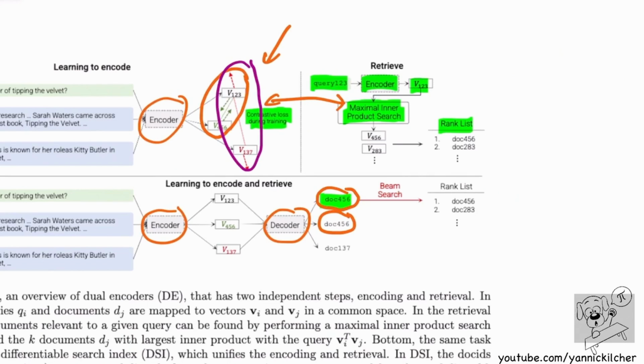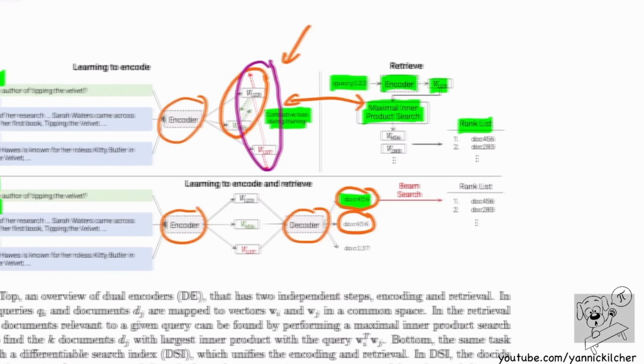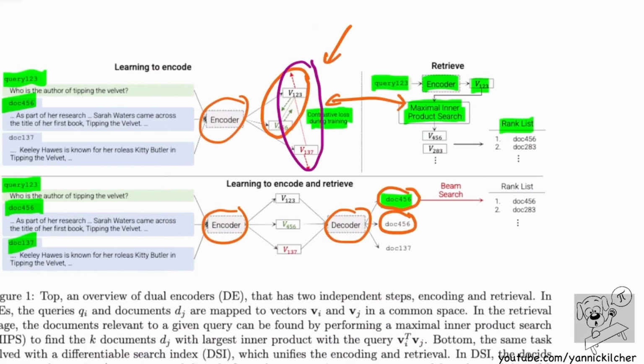If you have supervised data, you can train the system already for given queries to output the correct document. However, the method also works in what they call zero shot, which is if you do not have any queries, you simply input documents into the system, and then you train it to output the ID of those documents.